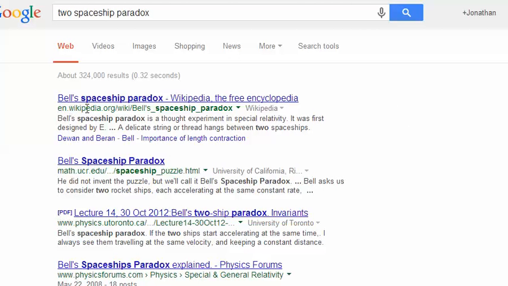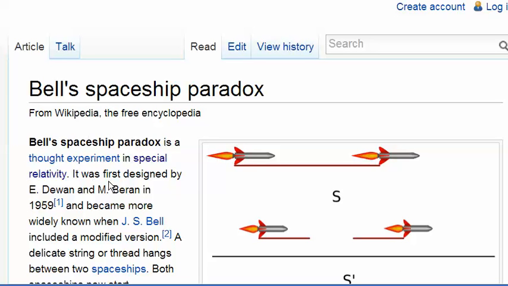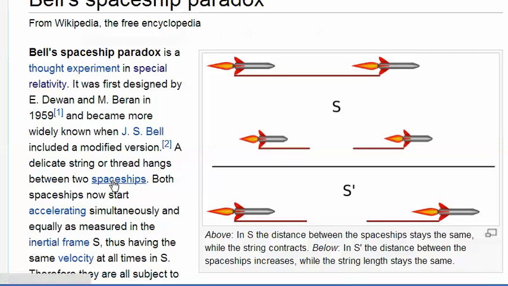This actually turns out to be another formulation of the question called Bell's Spaceship Paradox. Bell's Spaceship Paradox is a thought experiment in special relativity, and it basically asks the question: if two spaceships start accelerating simultaneously and equally as measured in both frames, so they have the same velocity at all times, does the string break?